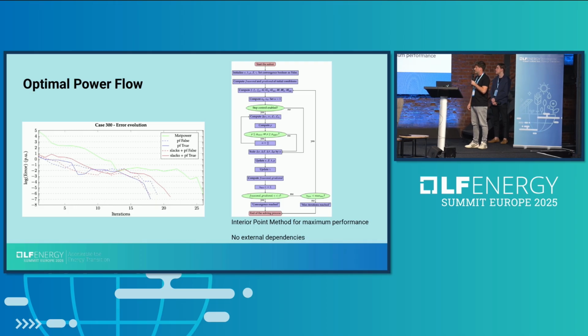This is benchmarked against the MATPOWER implementation in Python, not the MATLAB one. We can see that we have 4 different implementations of our solver because we allow for different initialization options, which typically will be using a previously executed power flow before running the OPF. And here you have the algorithm in a more schematic way of how this is solved.